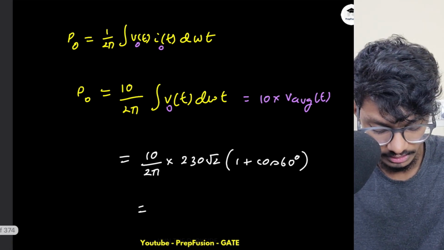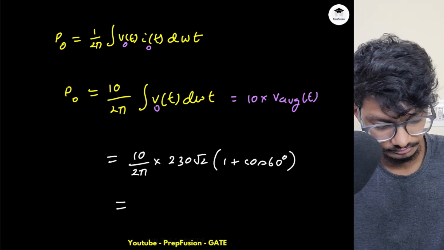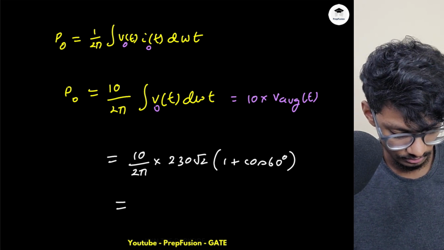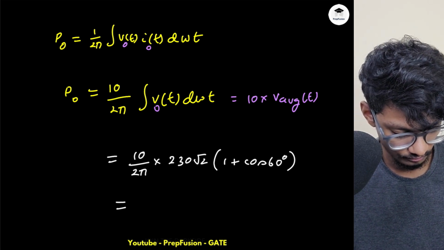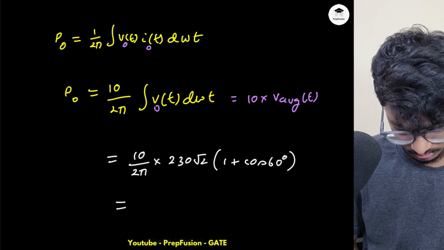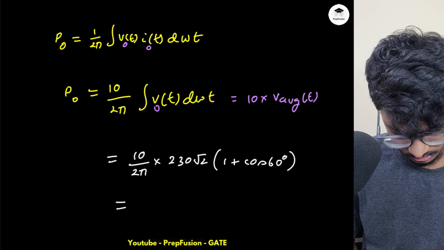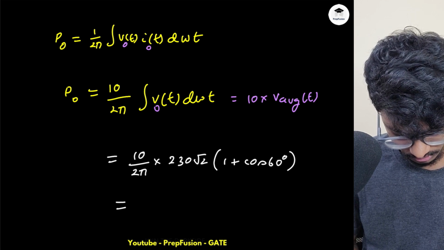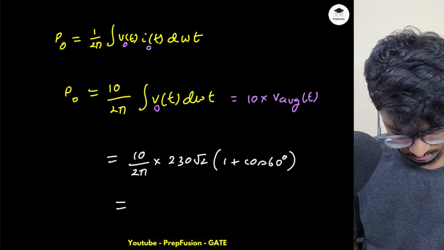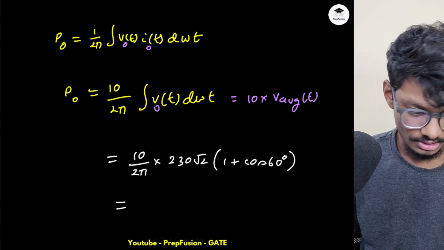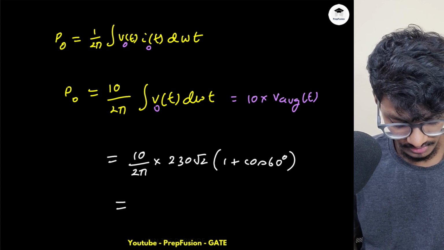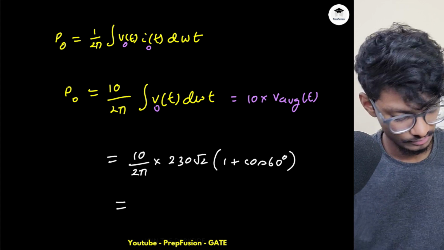Okay, so what can we write here? This is 230 into 2 into 10 divided by 2 divided by pi, and cos 60 is half, so it will be 1.5, so it will be 776.52 watts.